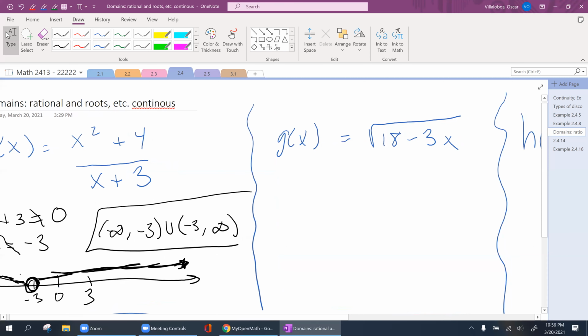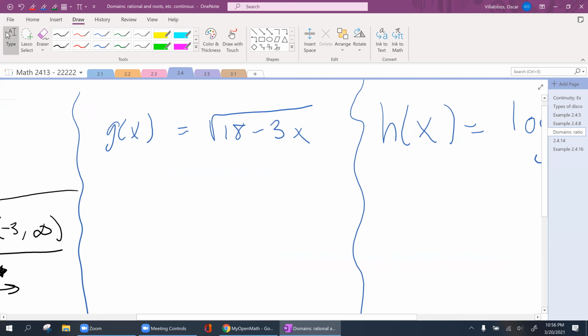Let's do another one. You have a square root function. Since we're dealing with just calculus, this isn't complex analysis, we're not dealing with complex numbers, only real values. We know that with square roots, we can take the square root of 0 and anything positive.